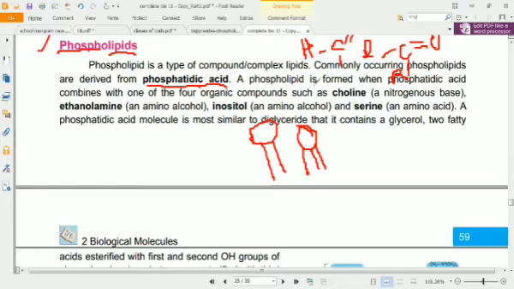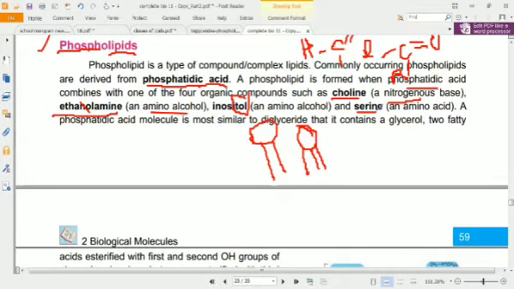A phospholipid is formed when phosphatidic acid combines with one of four organic compounds: choline, which is a nitrogenous base; ethanolamine, which is an amino alcohol; inositol, which is an alcohol; and serine, which is an amino acid.